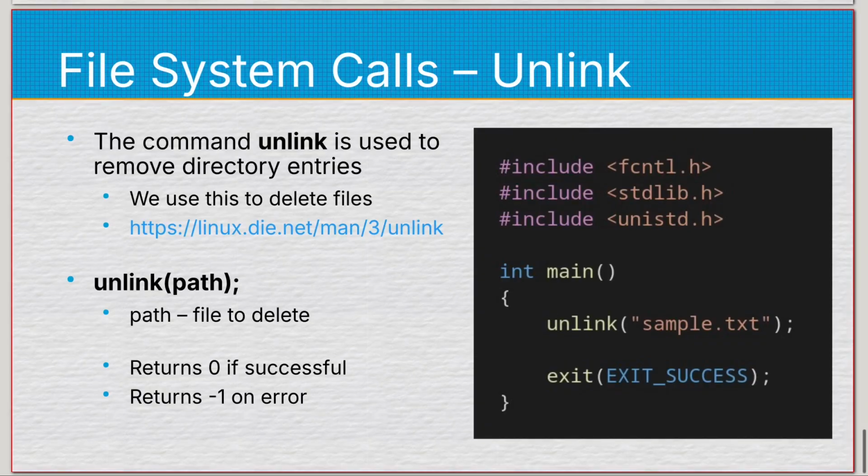You would use unlink. Essentially that is going to remove that directory entry, so it unlinks it from the system. All you have to do is unlink and then the actual file path. You don't have to deal with file descriptors or anything here.